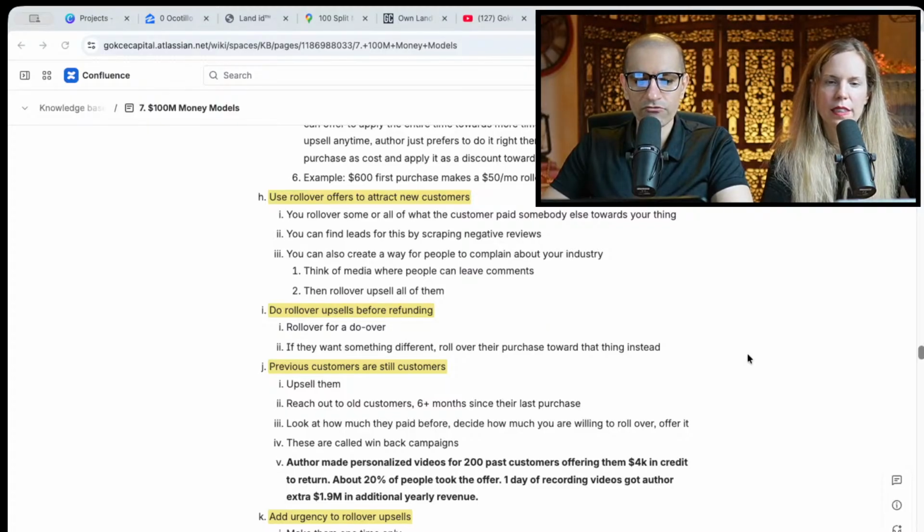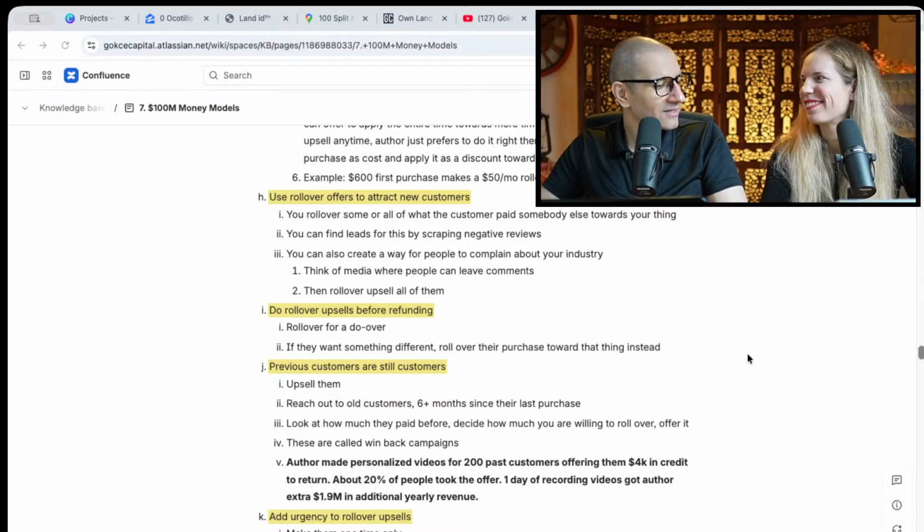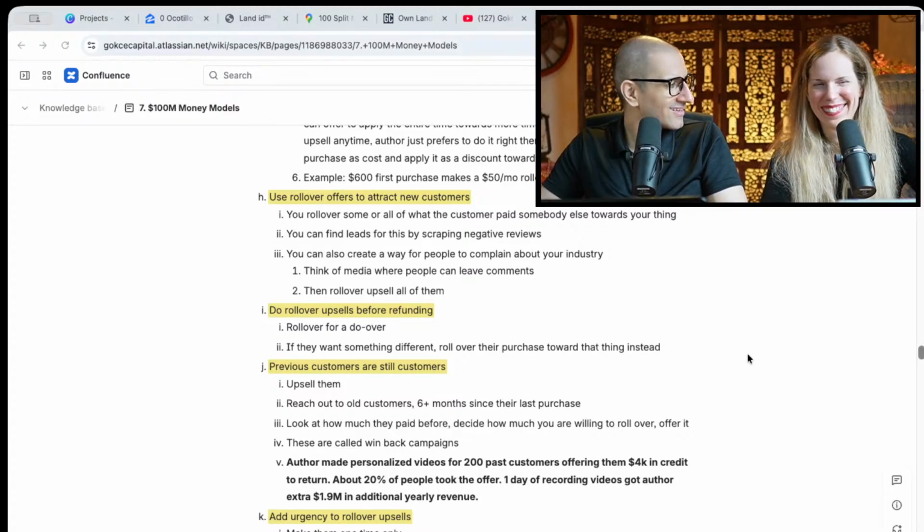You can find leads for this by scraping negative reviews. You can also create a way for people to complain about your industry, like media where people can leave comments. Then roll over, upsell all of them. As in, create a website where people complain about bad experiences with their land contracts and then say, well, then you should buy from us.